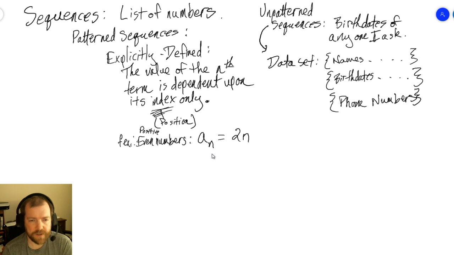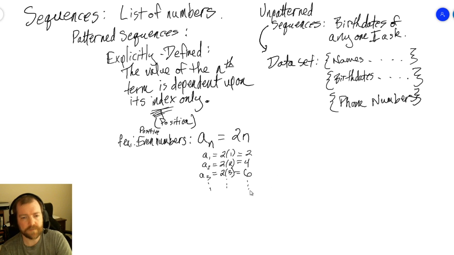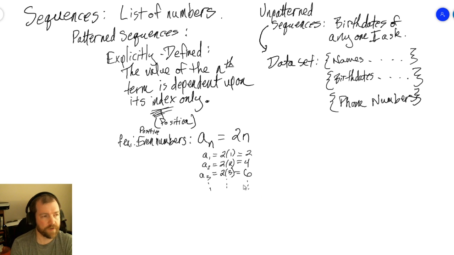So what happens is we say that, well, a sub 1 is going to be 2 times 1. A sub 2 is going to be 2 times 2. A sub 3 is going to be 2 times 3. And naturally, this just continues on. So these are 2 and 4 and 6, and naturally, this keeps going on forever, as far as we want to go.